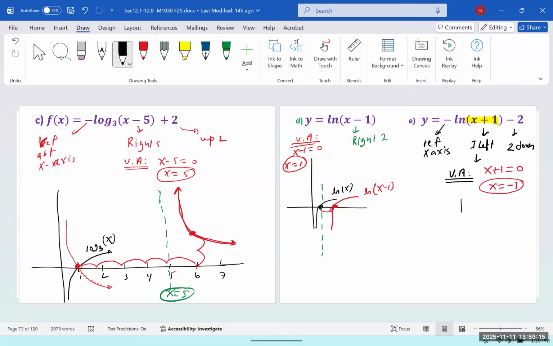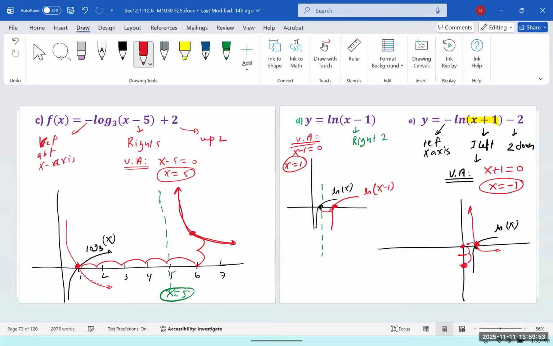So we're going left and down. This is the original ln of x. The negative version, the top part above the x-axis, goes below the x-axis, and they switch positions. Now for this reflected graph, 1 left means here, and 1, 2 down means here.